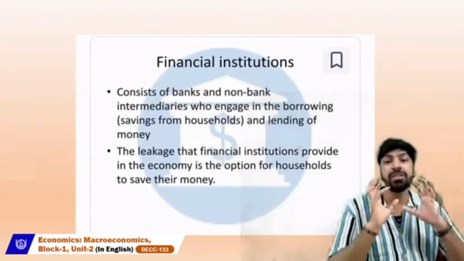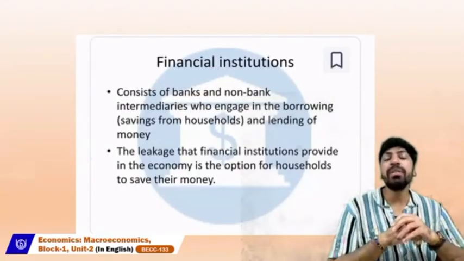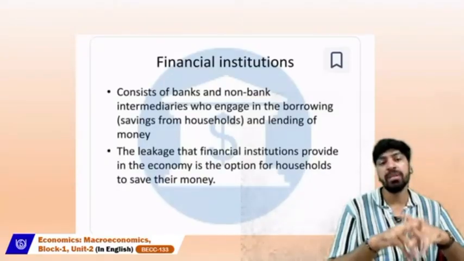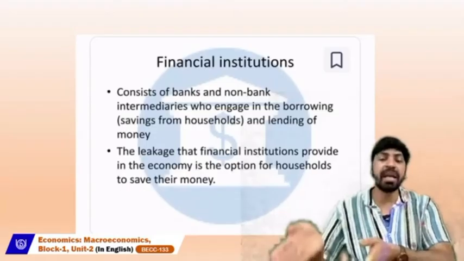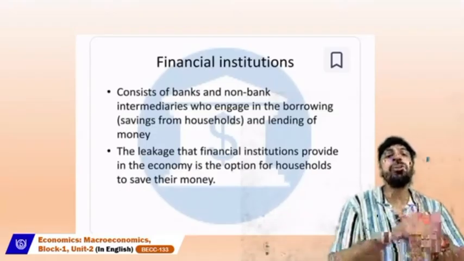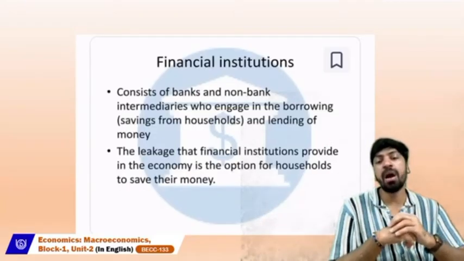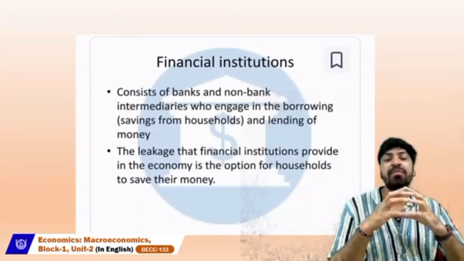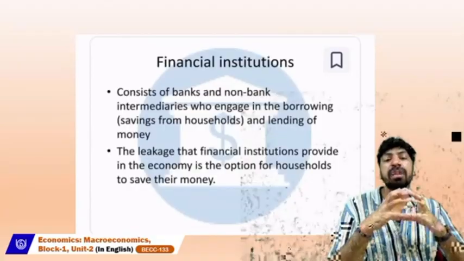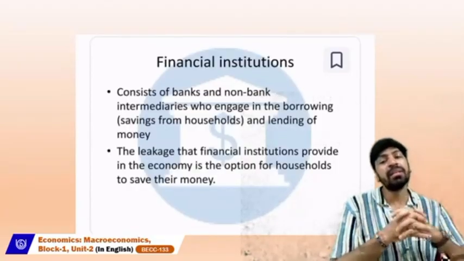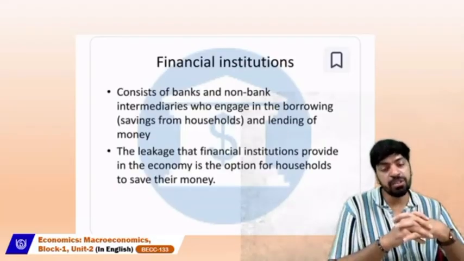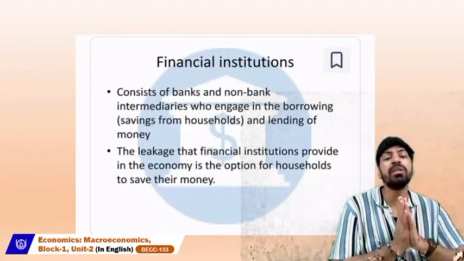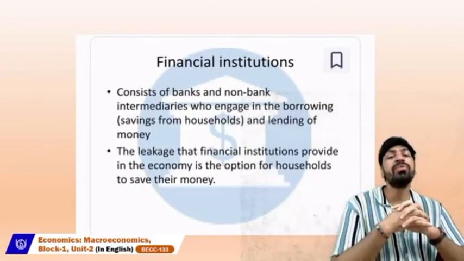The financial institution borrows all those savings made by the household, and that money is then lent to the household or the firms. So financial institutions always provide an option for the household to save their money.